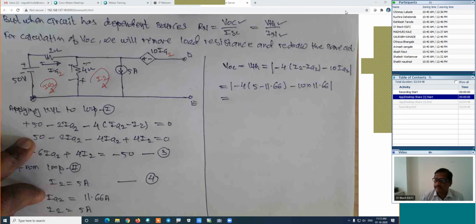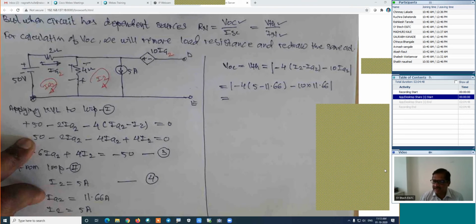Find out the VOC. Yes. Anyone has the answer? Work out these calculations and find out the values fast. Shailesh, Ruchira, Rushikesh. Chinmay also never speaks. Chinmay, you will have to pay some attention. You have to increase your interaction.